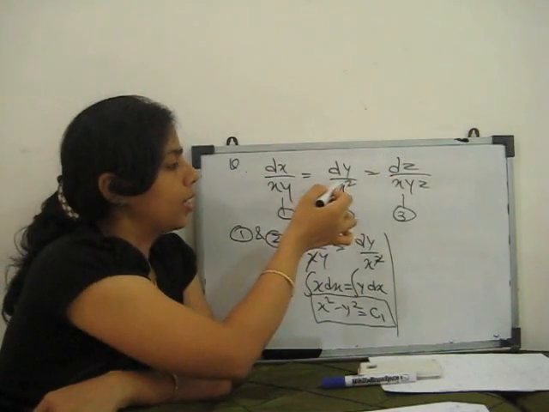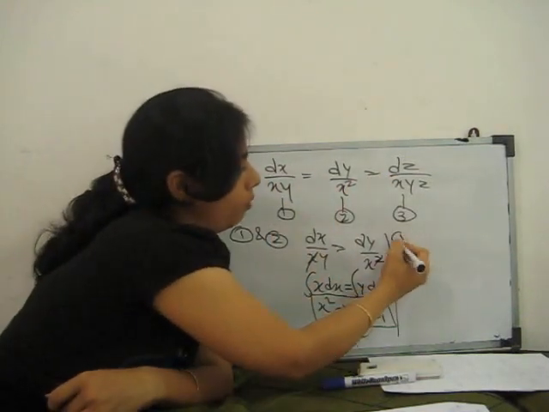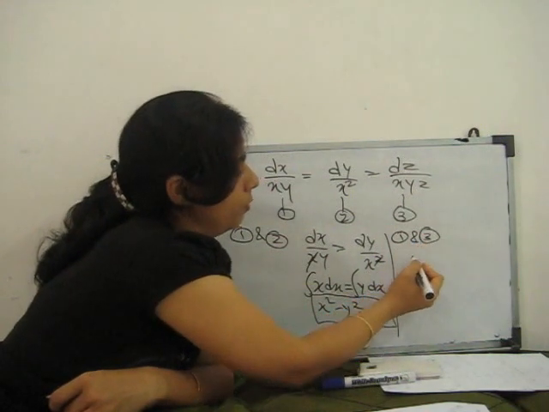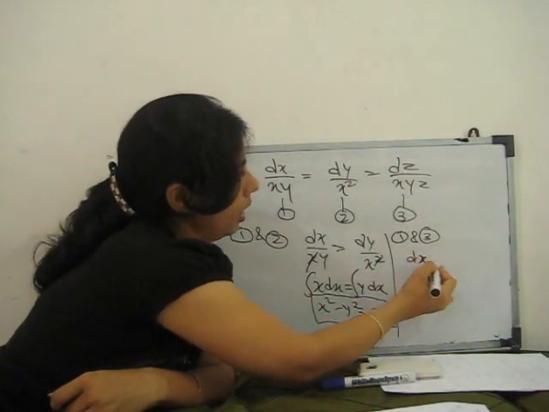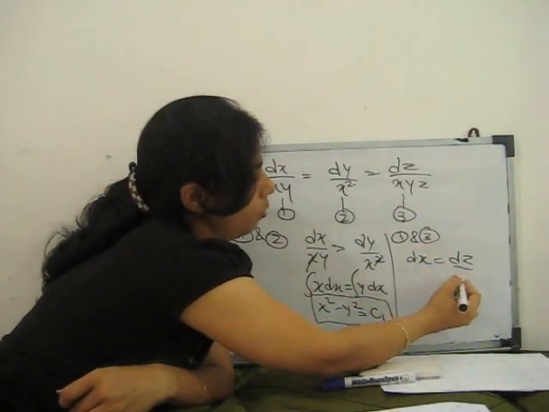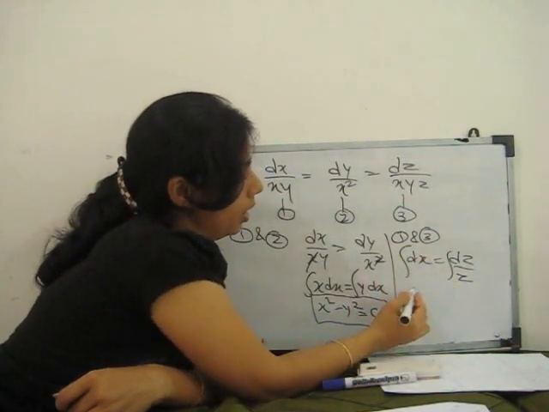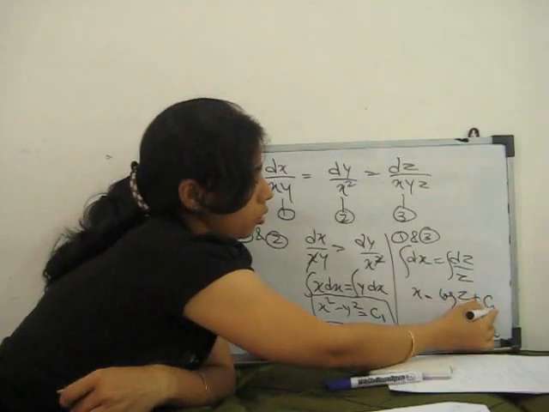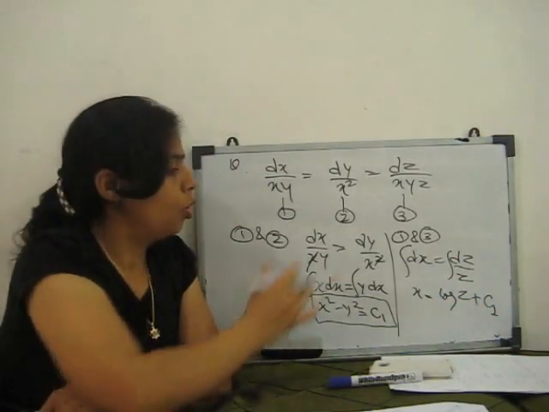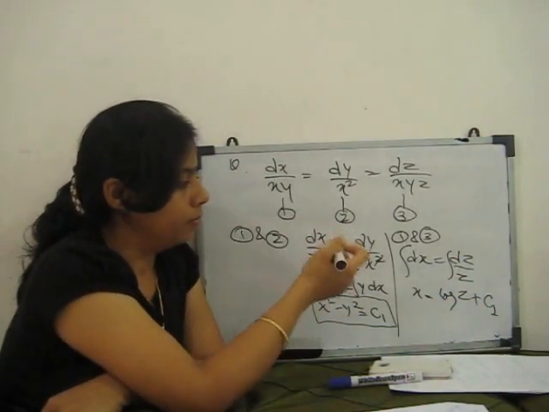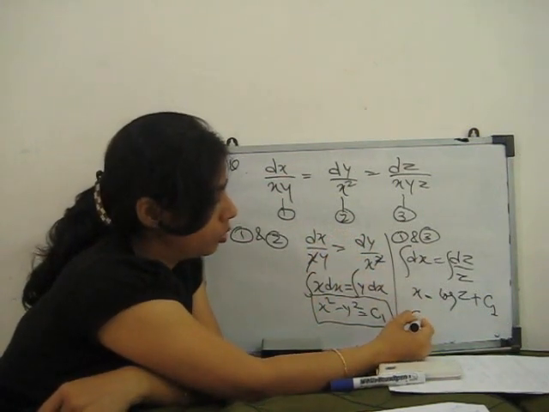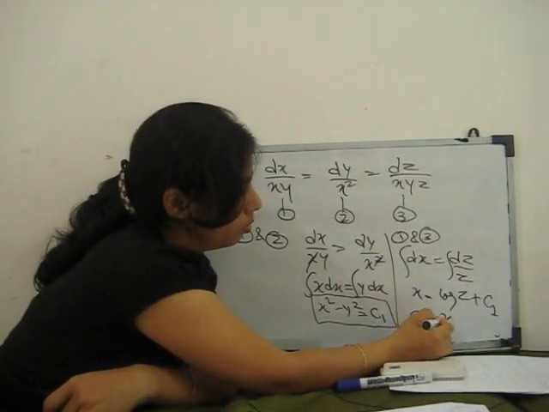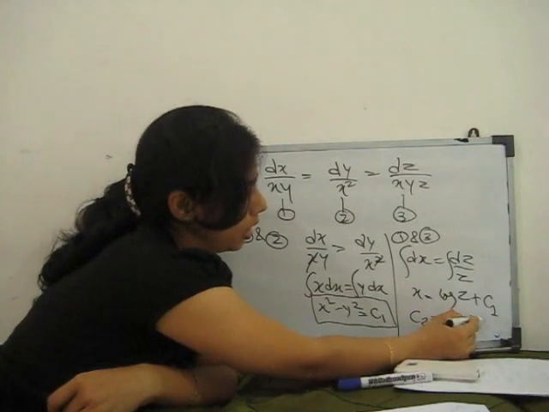If you use second and third, we can't. So now first and third: we have dx equal to dz by z. Again integrate it: x equals log of z plus c2. Clear? So our second constant is c2 equal to x minus log of z.